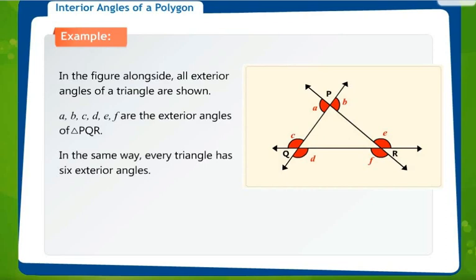In the same way, every triangle has 6 exterior angles. So you have to keep in mind that the exterior angles will be formed after extending the sides of the triangle. And every triangle has 6 exterior angles.